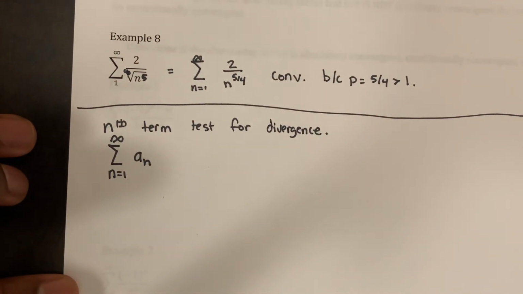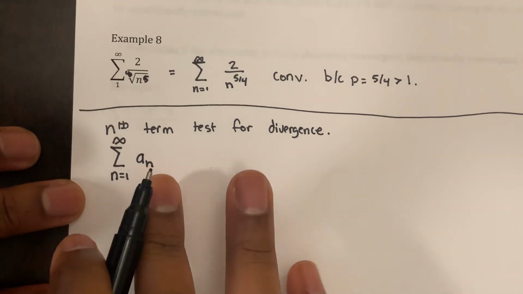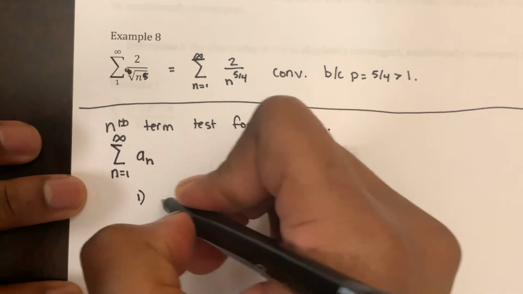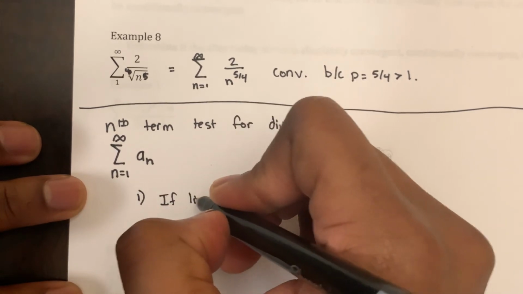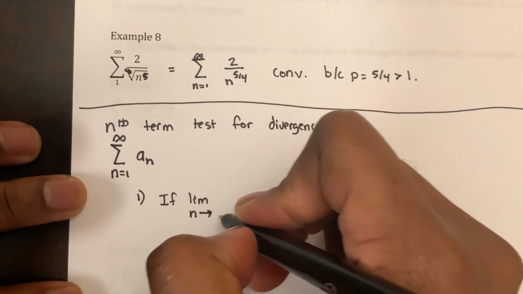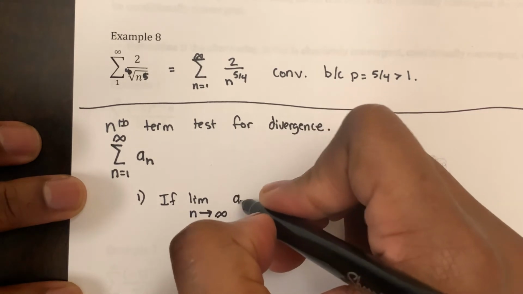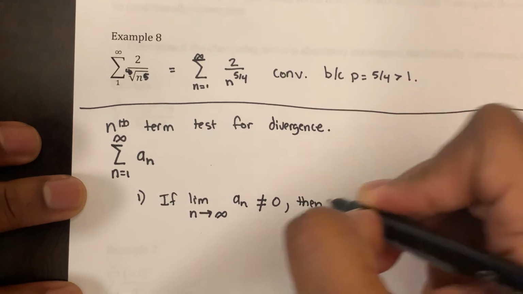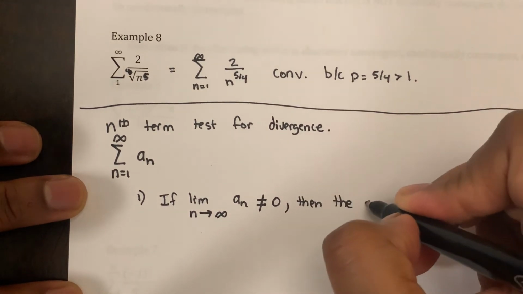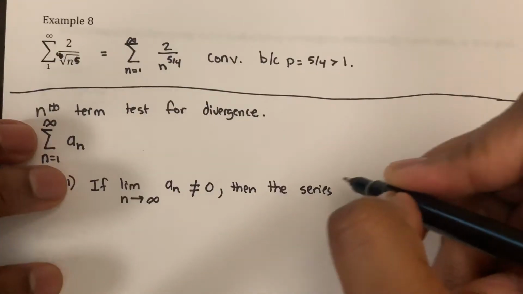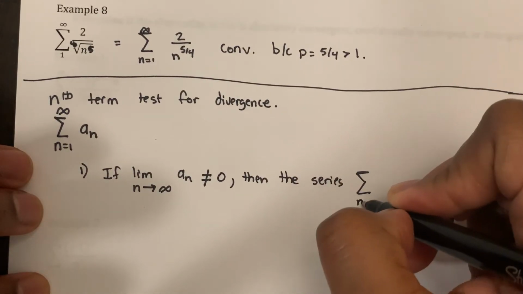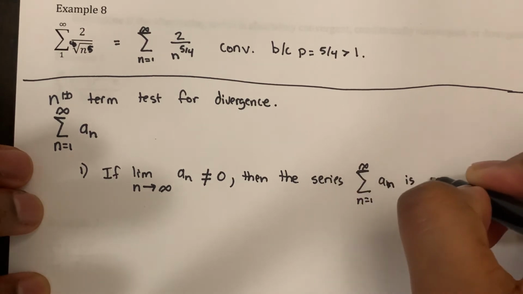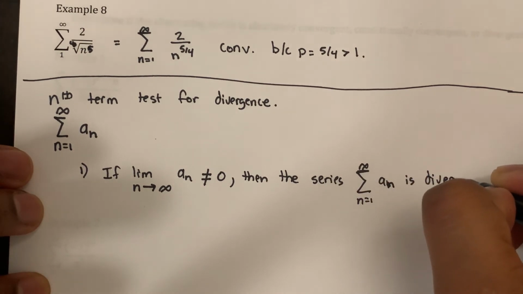of some sequence. We're just adding up a bunch of terms from some sequence. So this is going to be true: if the limit when n approaches infinity of a_n is not 0, then the series from n equals 1 to infinity of a_n is divergent.